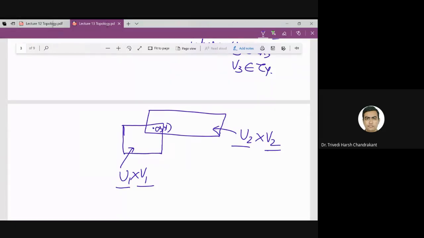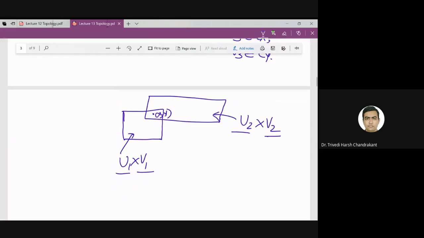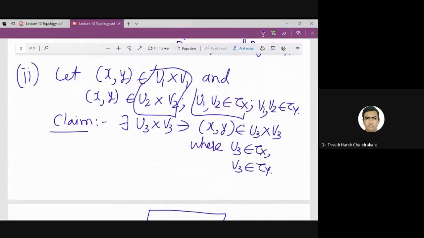So what I can say here is I can always get such a rectangle. What we know is U1 and U2 are open sets in tau of X. So what is the open set which is contained in U1 and U2, using the property of topology?